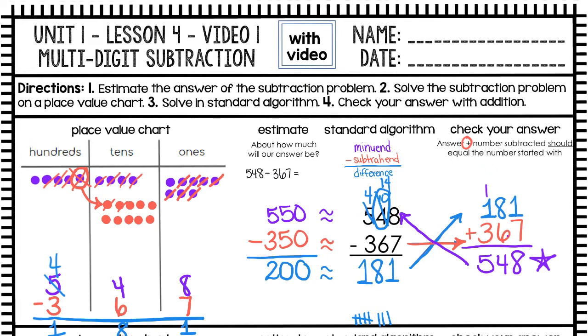And when we do standard algorithm, that is usually where people mess up if they make a mistake, is when they're regrouping. They have to add the 10 tens that were 100. So we have 1 less 100 and 10 more tens, and we have to add that to what we already had in our column, which is 4. So we have 14.